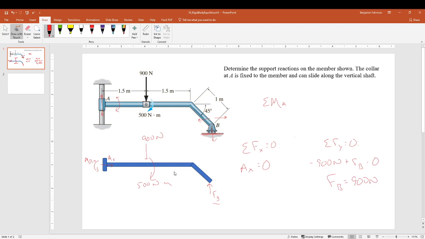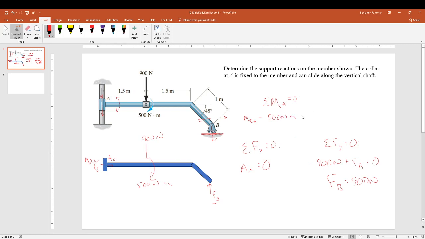Now we just need to sum moments about any point to figure out what this moment reaction is. I'm going to say let's sum moments about, this might not be the easiest choice, but we'll sum moments about A. Set that equal to 0. So the moment reaction causes a moment about A. This minus 500 Newton meter couple moment generates a tendency to rotate everywhere.